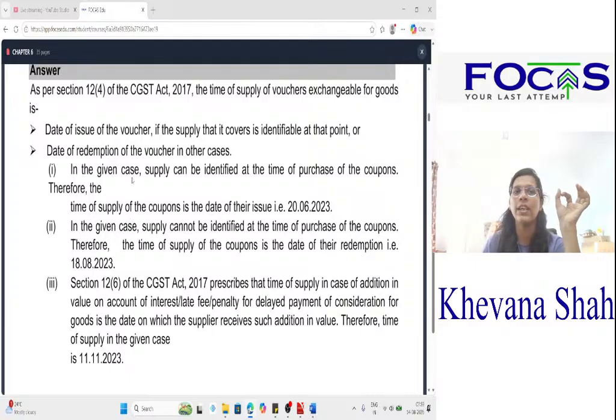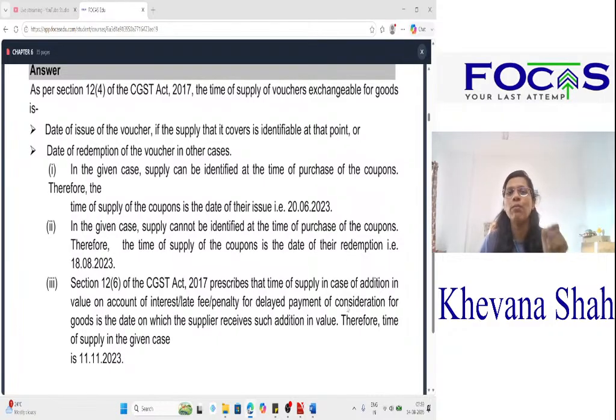So, in the given case, supply can be identified at the time of purchase of the coupons. Therefore, the time of supply of the coupons is the date of their issue, that is 20th June. Now, in the given case, supply cannot be identified at the time of purchase of the coupons. Therefore, the time of supply of the coupons is the date of the redemption, that is 18th August.